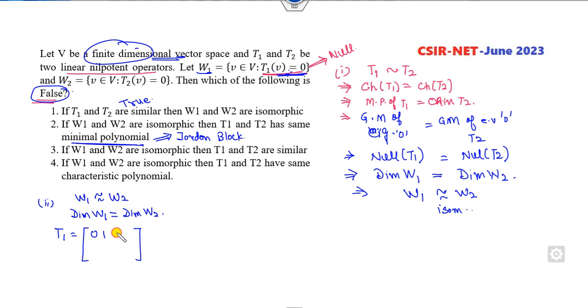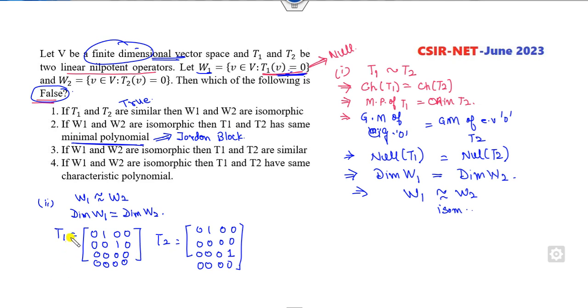First example, I can write 0 0 1 0 here, and second is similar, I just interchange the rows. Or I can simplify: take this as 0 and this as 1.